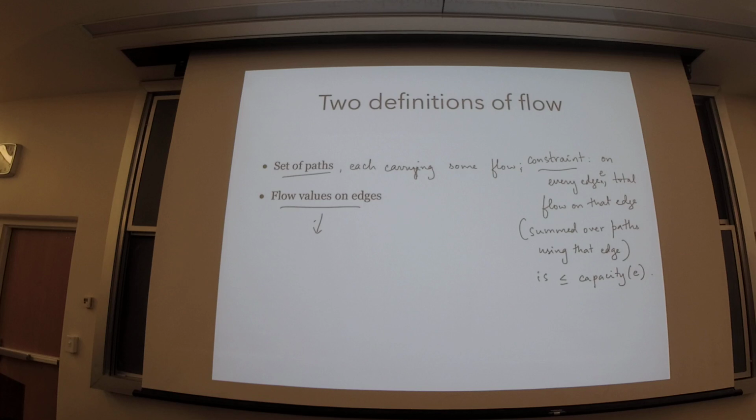It just tells you on every edge how much information is flowing, and in which direction. All edges are directed, so direction is implicitly there. So this is just flow on edges.